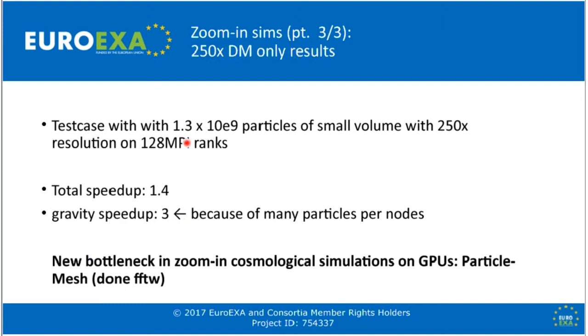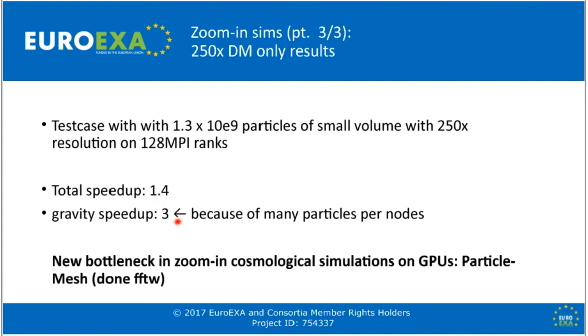What I learned from it is that I can still run zoom-in simulations on GPUs with our OpenACC code, as long as we really fill the GPUs with particles. Then we can again gain a speed up of 3 in the gravitational computation.